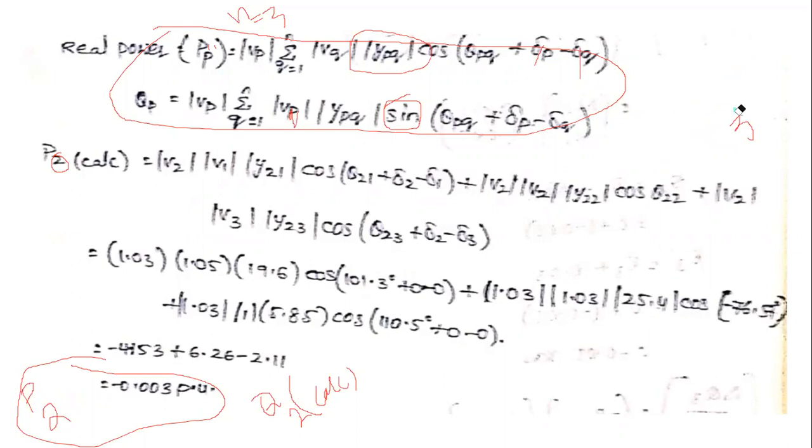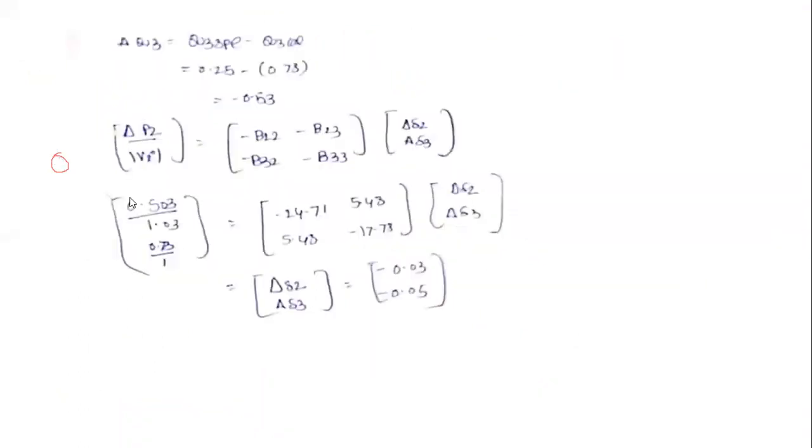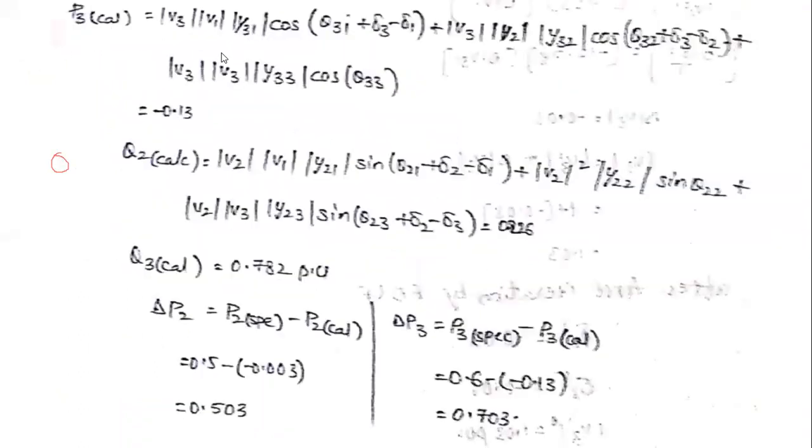Next, we calculate the Q2 calculated value. Then P3 calculated. In that, P3 means considering P is equal to 3. Why? Because we are taking 3.